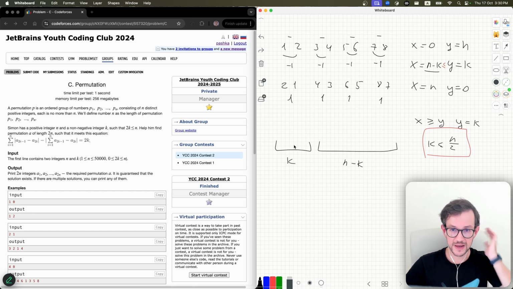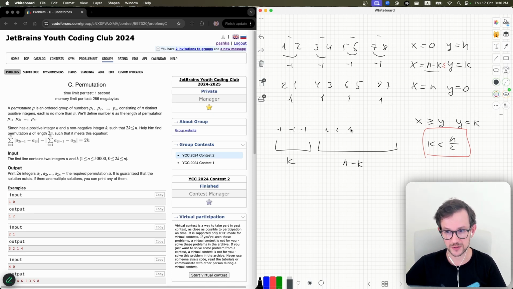I want to have k negative pairs, so every pair will produce minus 1. And I have n minus k positive pairs. So you produce a negative pair by saying like 1, 2, 3, 4, 5, 6. And you produce a positive pair by swapping these two numbers. So like 8, 7, 10, 9, and so on. That's all. That's the whole solution.